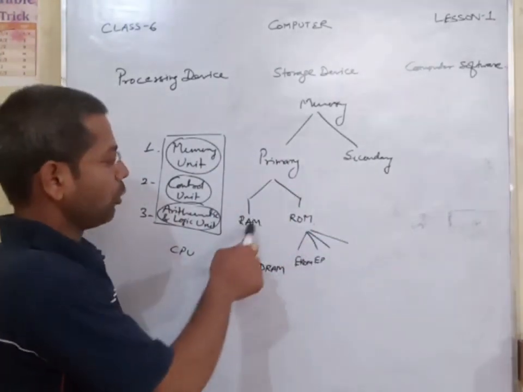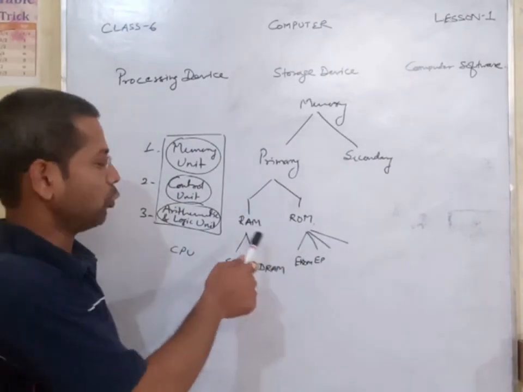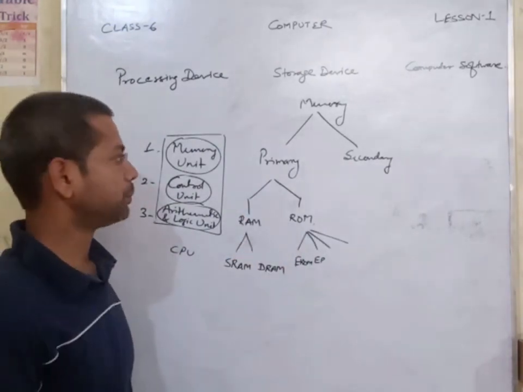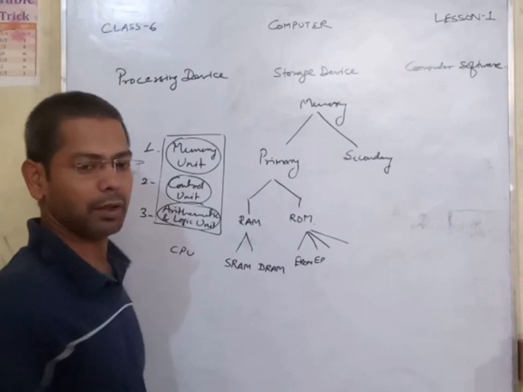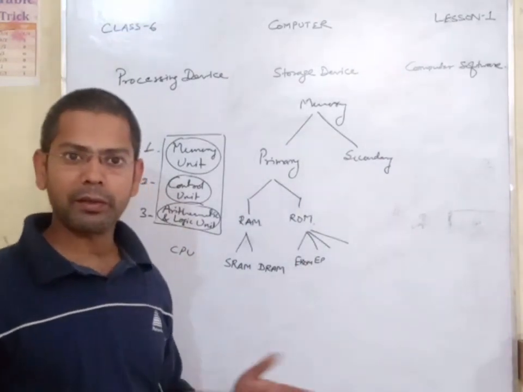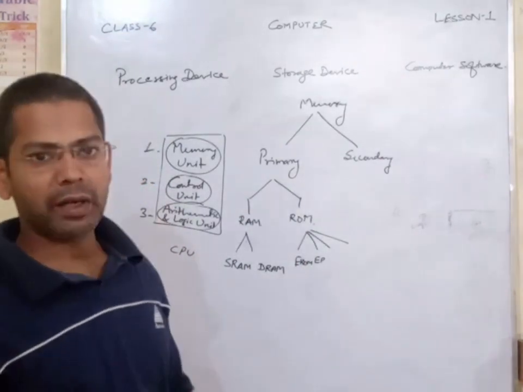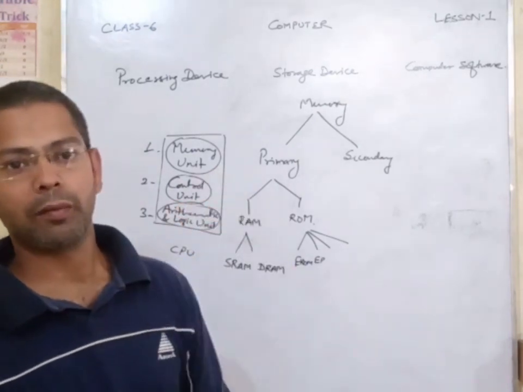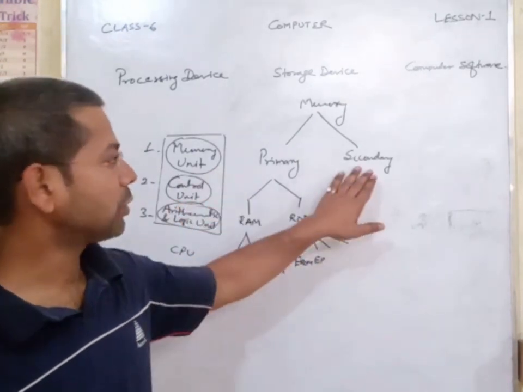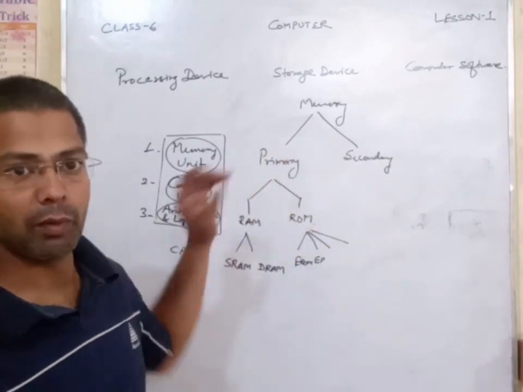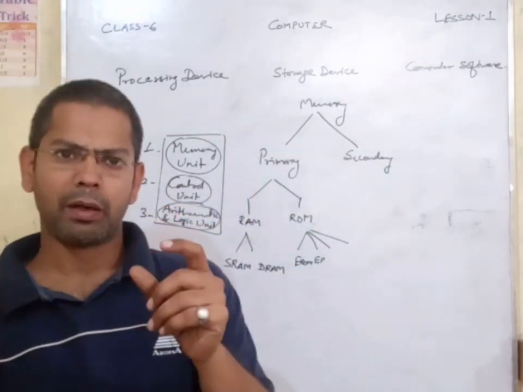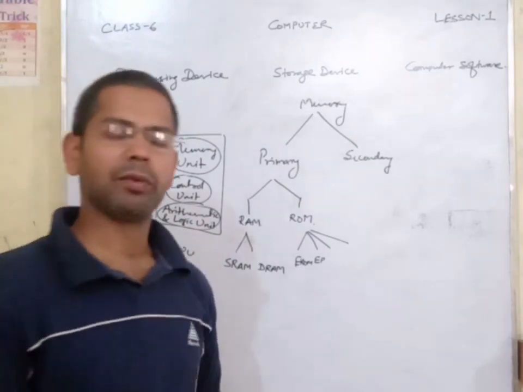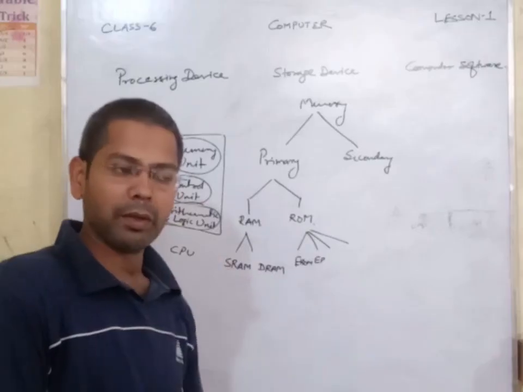The primary memory, as you know, is RAM and ROM, and secondary memory is further divided in different ways. Secondary memory, we can understand, is used if you want to save the data for a longer period of time. Whereas when we want to work with data and need it for some time, it is called primary memory.